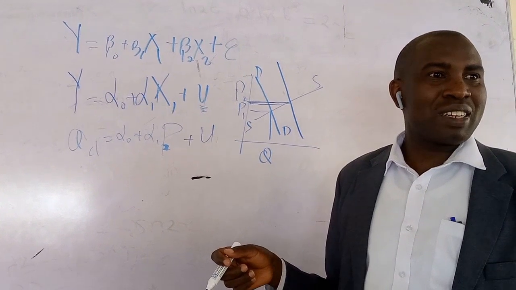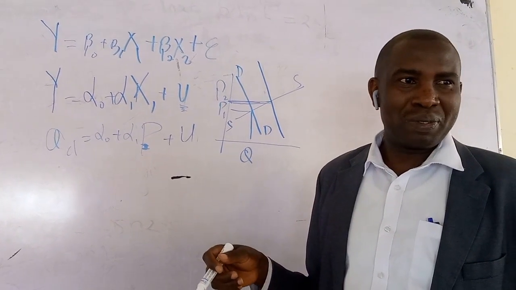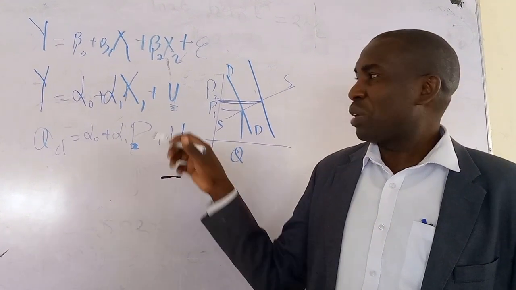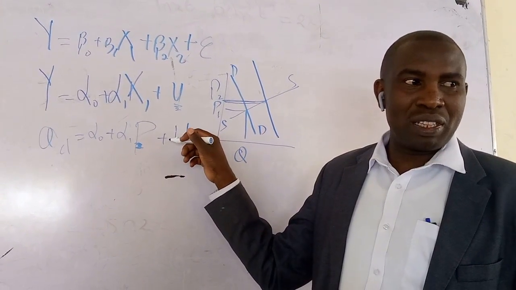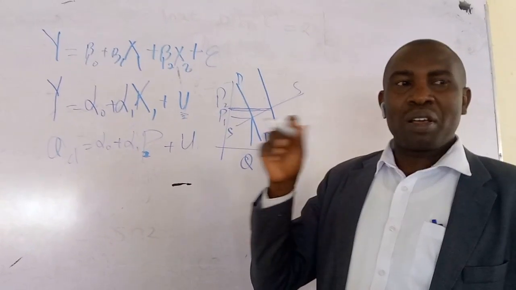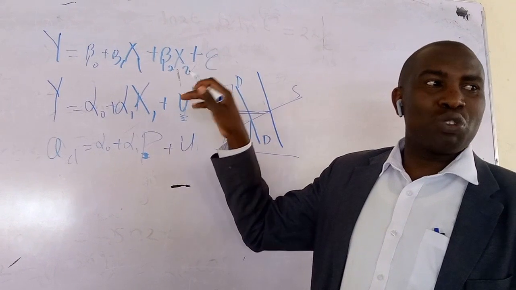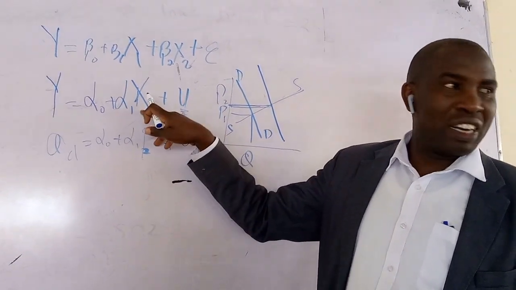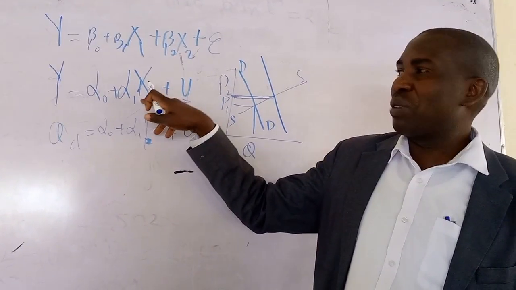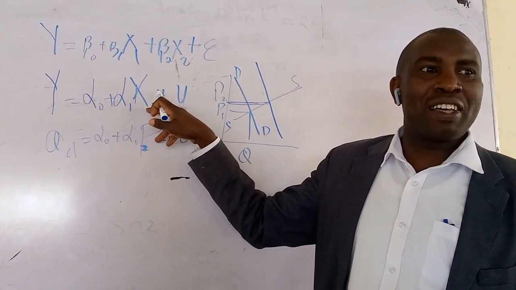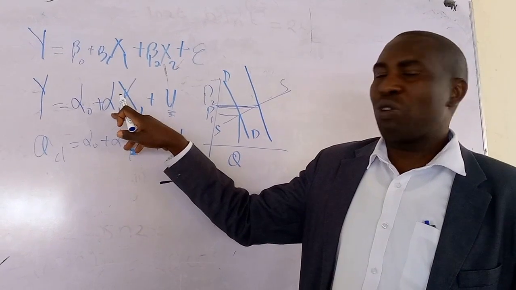It means that there is the problem of endogeneity, where the exogenous variable is related with the error term. So back to our example, the variable that you omit will relate with the error term, and will relate with this exogenous variable.